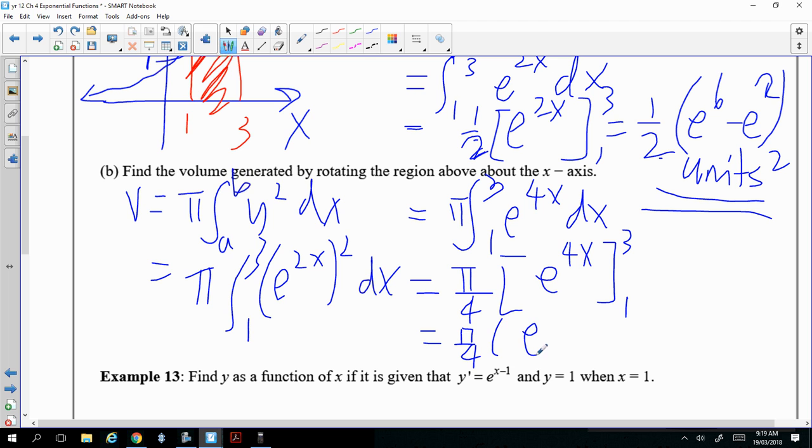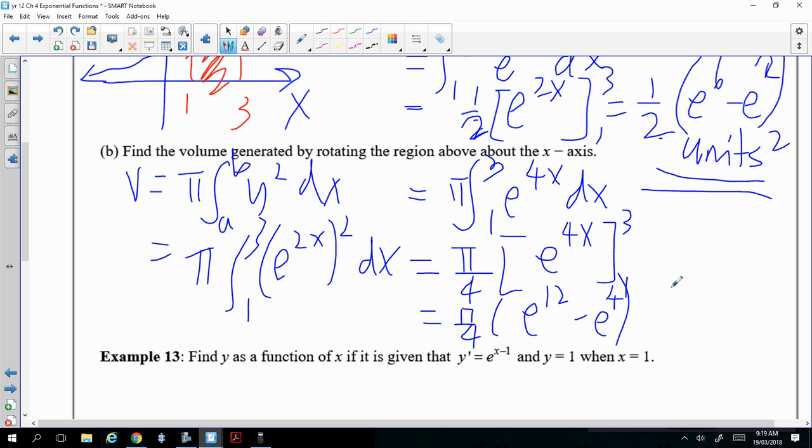I think that's it. You don't need to factorize. Alright, volume's done. Okay, any question?